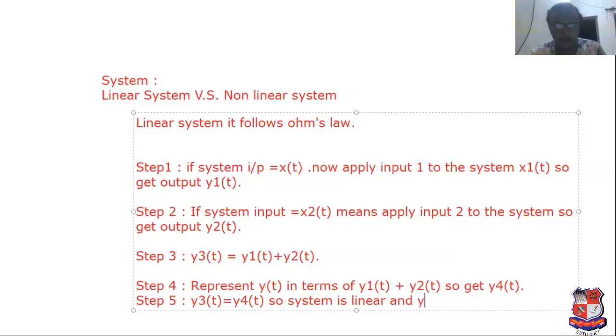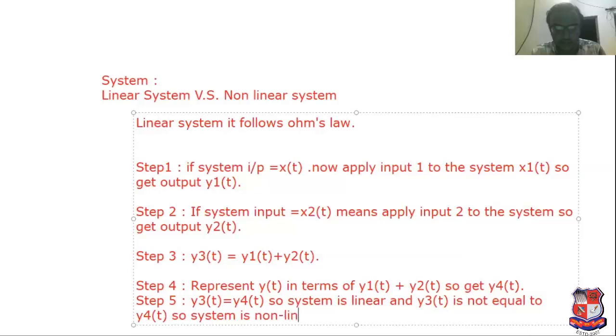And if y3 of t is not equal to y4 of t, then the system is non-linear. So these are the steps related to linear and non-linear systems.